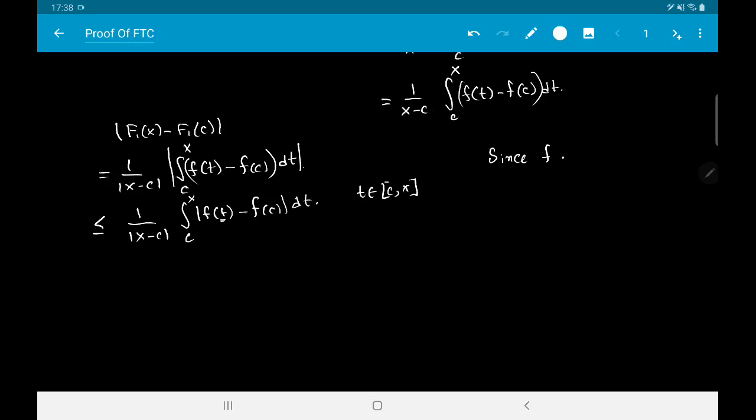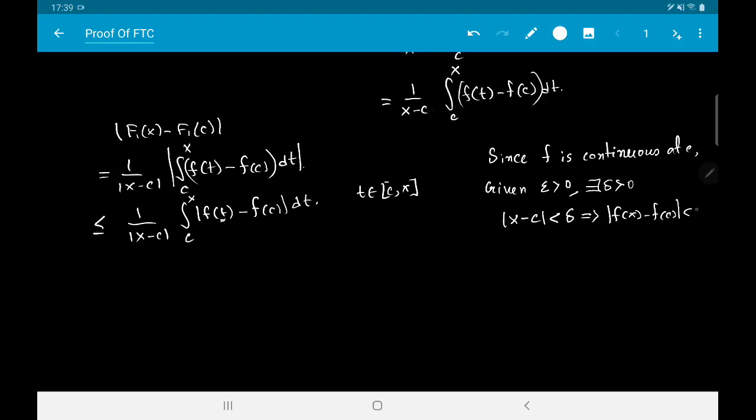Since small f is continuous at the point c, given epsilon greater than 0, there exists a positive number delta greater than 0, such that |x minus c| less than delta implies that |f(x) minus f(c)| is less than epsilon, right? So here we fix epsilon greater than 0.